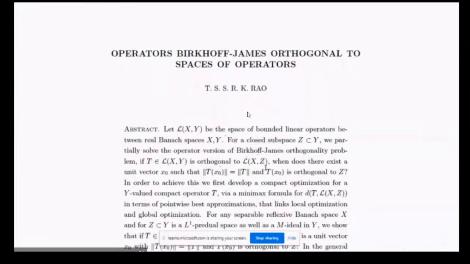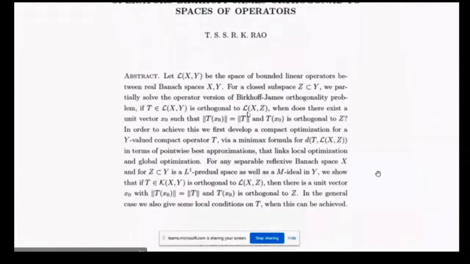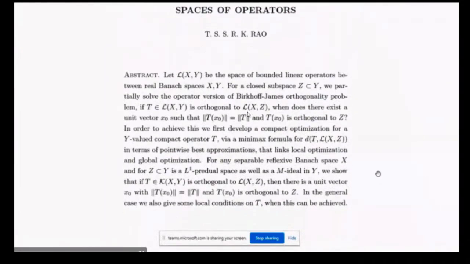So one of the questions of interest that one can ask, and I will define this formally in a minute, is if one could look at the Birkhoff James orthogonality in the space of all operators and relate the orthogonality to a subspace. So not orthogonal to a vector, but like in the case of the usual Hilbert space orthogonality, you can look at the set of all vectors which are orthogonal to a given vector and look at that set.